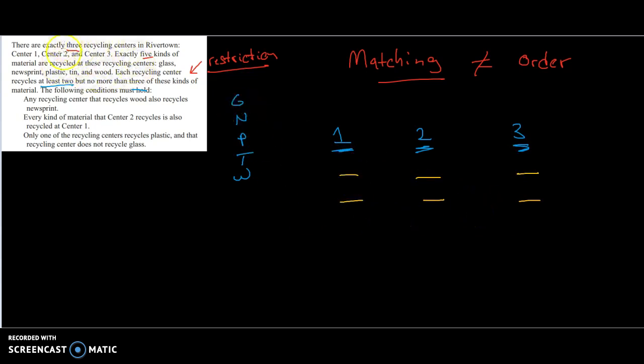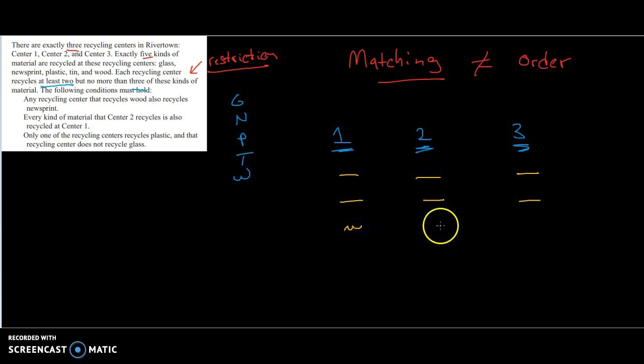But how do we deal with the idea that we have no more than 3? So it's possible that you could have 3 different things in each category, but it's not required. It's required that we have 2, but not necessarily 3. So you know, do whatever you want to do here. I tend to, me personally, I like to do something like this.